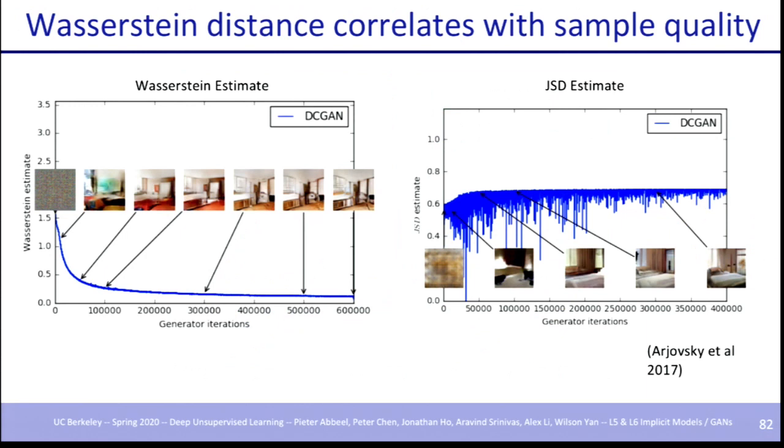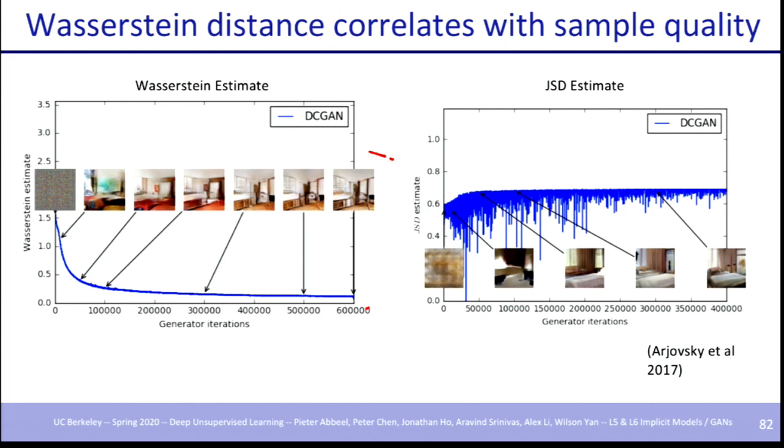So they show that the Wasserstein estimate, the Wasserstein distance, is pretty correlated with the sample quality, and over training iterations, as the generator keeps training, the Wasserstein distance keeps going down and the samples keep getting more and more real. And this is with the DCGAN architecture.